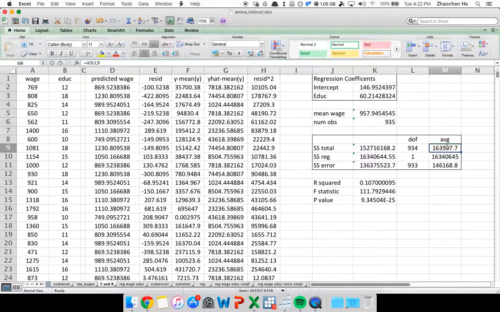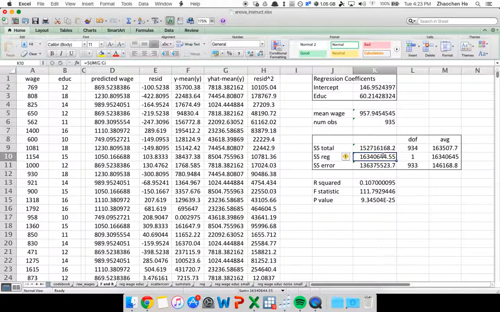And then notice here I have an average, which is simply this number divided by the number of degrees of freedom. If you trace back where this number comes from, you'll realize that it is the variance of wage.